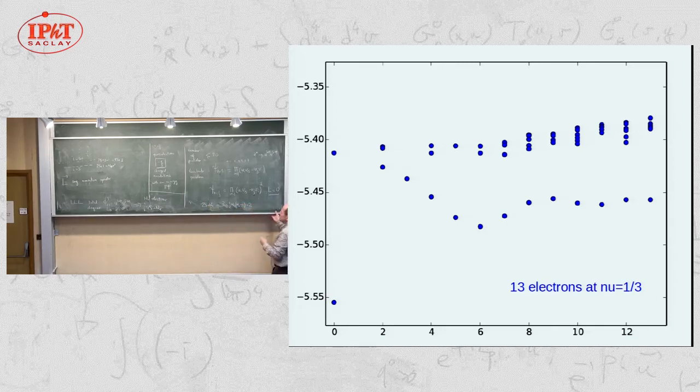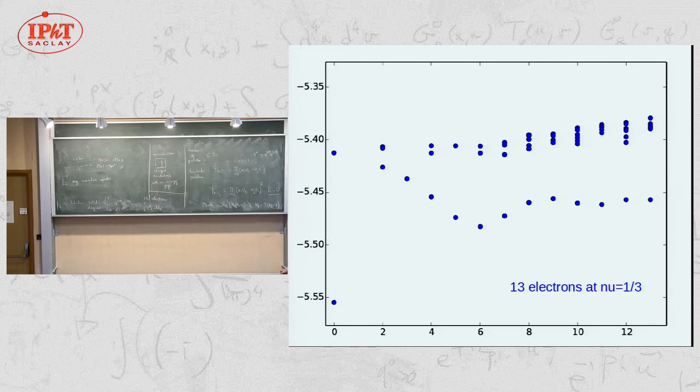So now you simplify this a bit. You see that the number of flux quanta through the sphere, which is also 2S, should be 3 times (NE minus 1). So you see that the filling factor is 1/3, but there is a small offset.